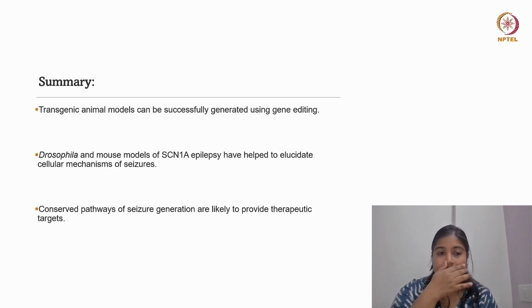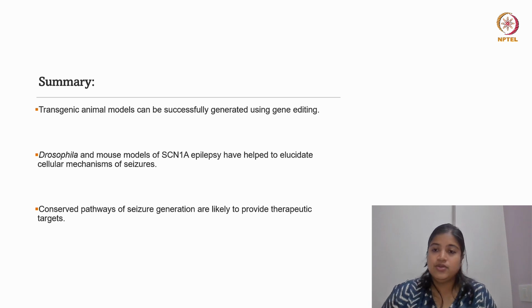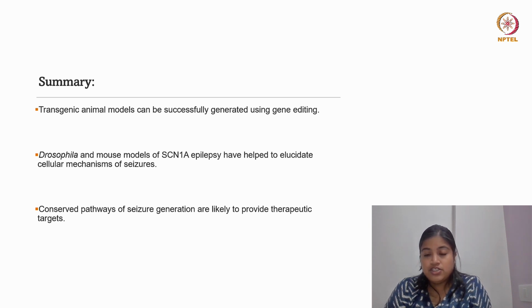So in summary, we saw that transgenic animal models can be successfully generated using gene editing techniques like CRISPR. Drosophila and mouse models of SCN1A epilepsy have helped to elucidate the cellular mechanism of seizures. Conserved pathways of seizure generation are likely to provide therapeutic targets.